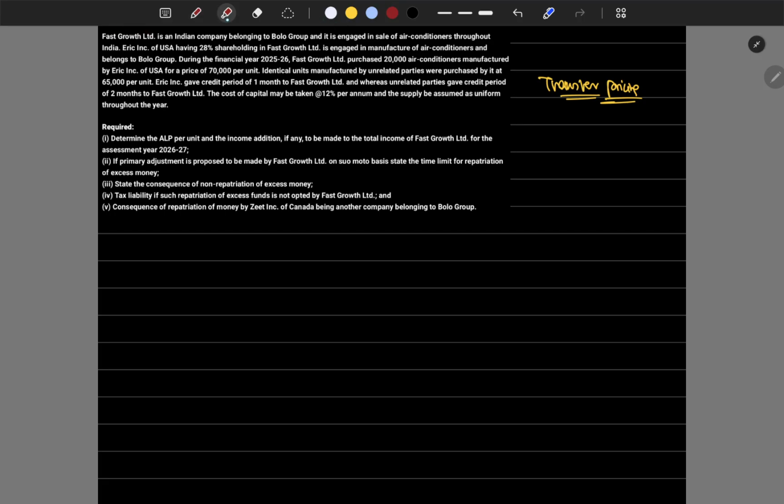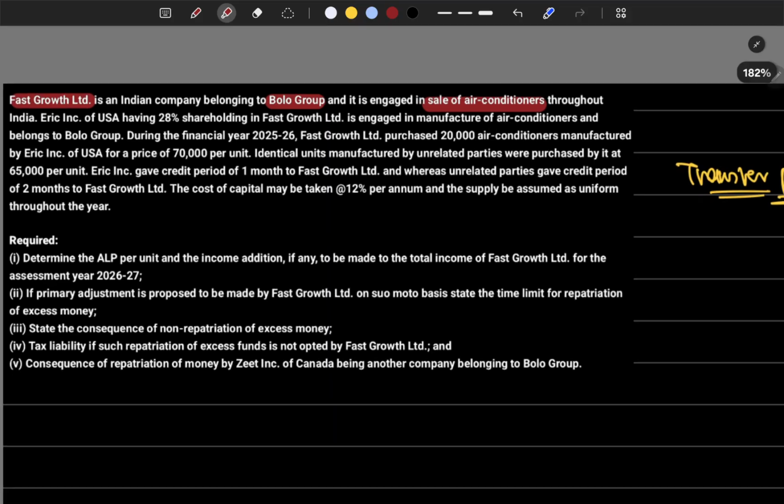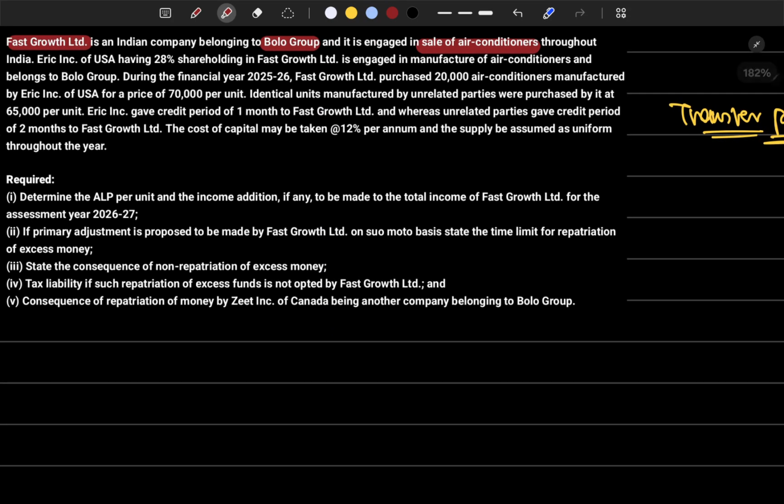Fast Growth Limited is an Indian company belonging to Bola Group. Both are AEs, associated enterprises, engaged in sale of air conditioners throughout India.